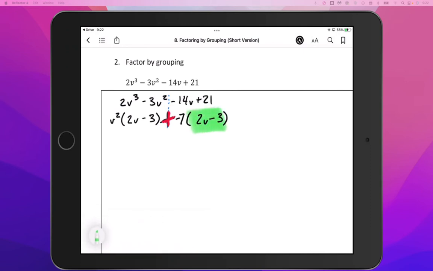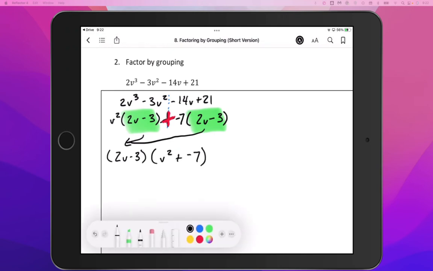Now this and this match perfectly, so I can divide them out. And so again, just like on the last one, those are both going to go over here. And so we will have a 2v minus 3 times v to the power of 2 plus a negative 7.